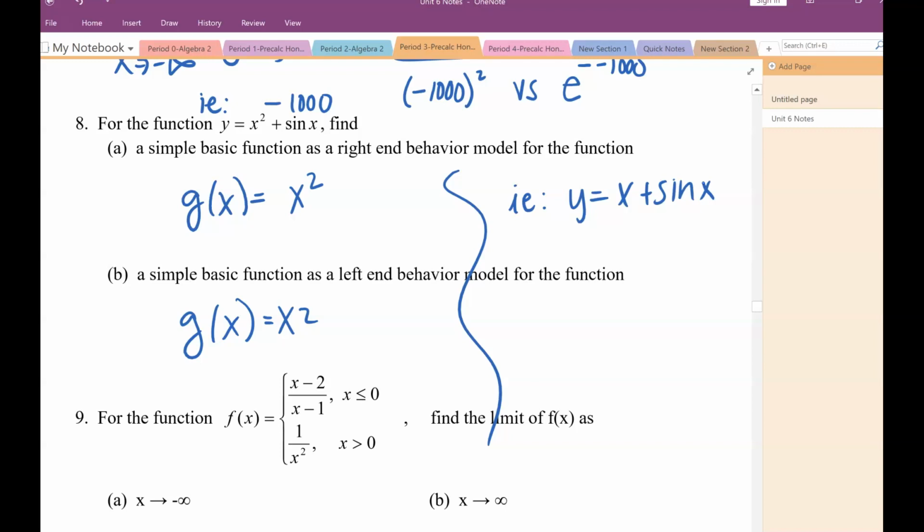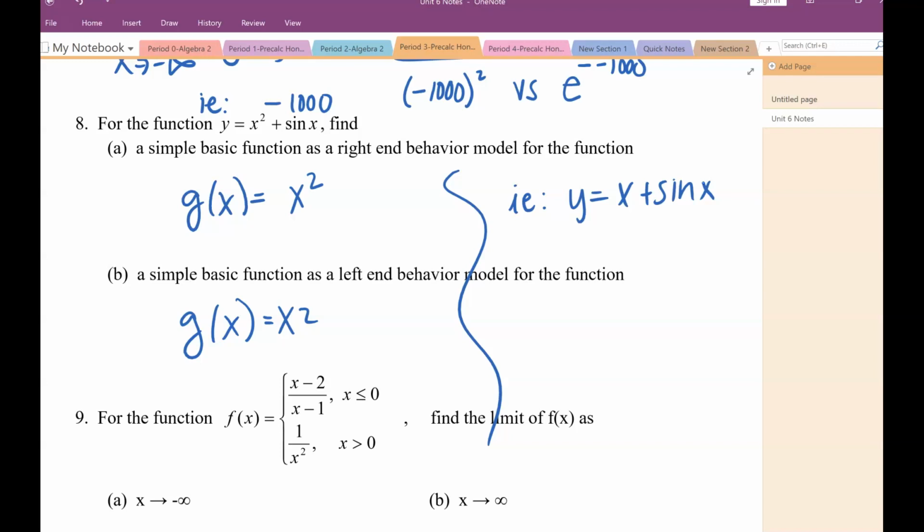What's the right end behavior model? It's x, right? What's the left end behavior model? Is it sine of x or is it still x? Still x.